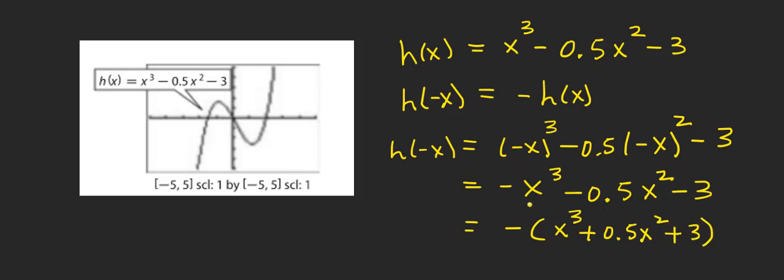Is this the opposite of this? It's not. In other words, when you multiply everything by negative, do you get this? No. So this is false. This is not true. Therefore, this function is neither even nor odd.